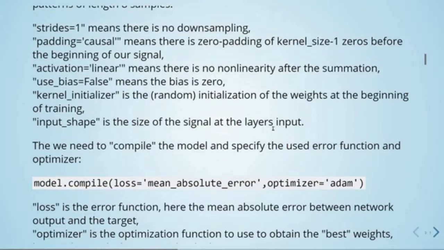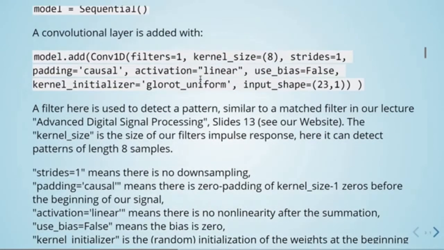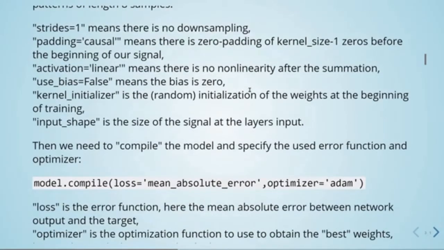So then we need to compile the model and specify the used error function and the optimizer. We defined our model here, and then we need to compile and specify the error function. It's called the loss function, and here we are going to use the mean absolute error, and we will use the optimizer called ADAM.